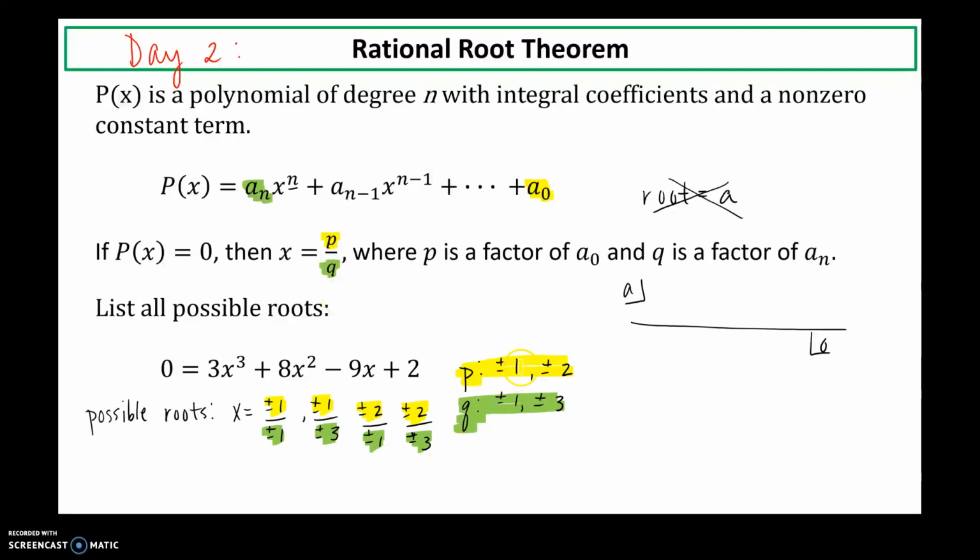So notice here, I took 1 from my factors of my constant term and I put it over each factor of my lead coefficient. Then I took 2, which was the second factor of my constant term, and I put it over each factor of the lead coefficient. So these are the possible roots. And this is what we're going to work on today, or in the video. We'll talk about how this actually will help us factor a higher order polynomial.